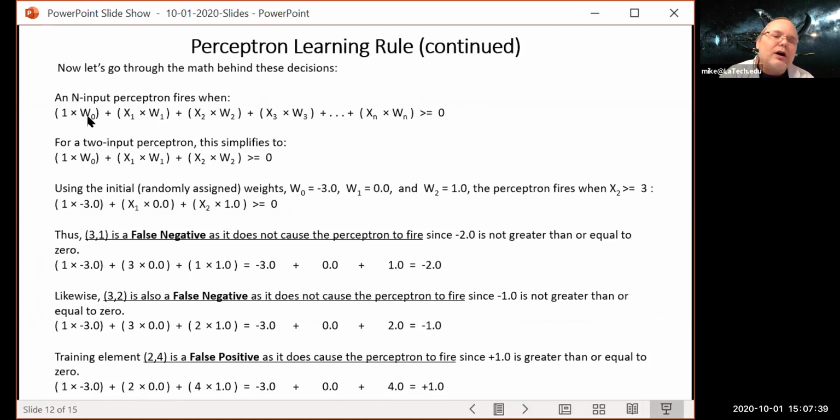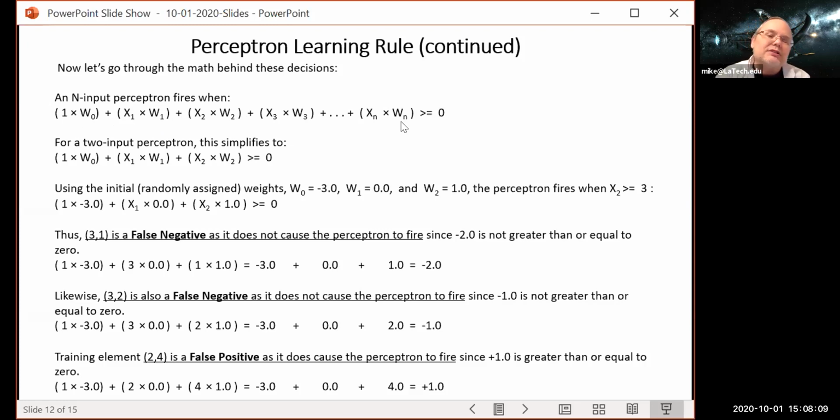So 1 times the first input, which is x0, which is always 1, times weight 0, which is minus the threshold, plus x1 times weight 1, plus x2 times weight 2, plus x3 times weight 3, plus dot, dot, dot, xn times wn. That is the weighted sum of the input. If it's greater than or equal to 0, fire. Otherwise, don't fire.